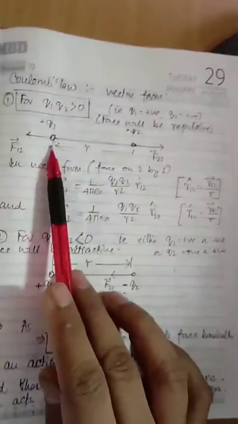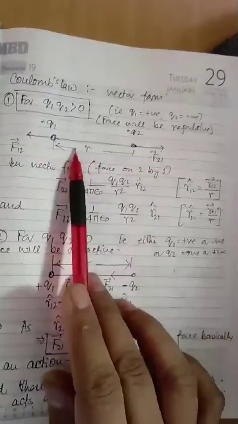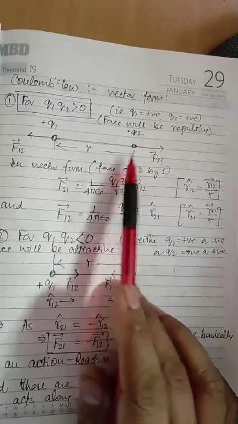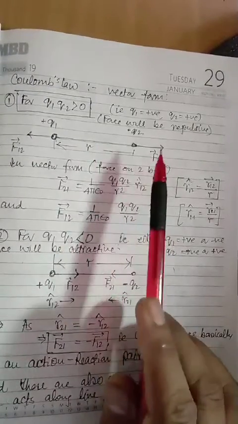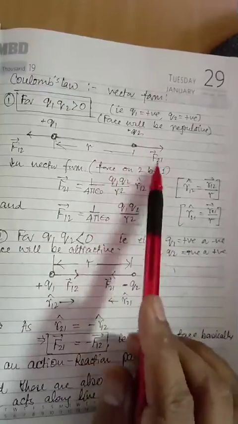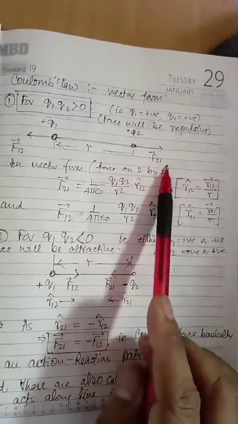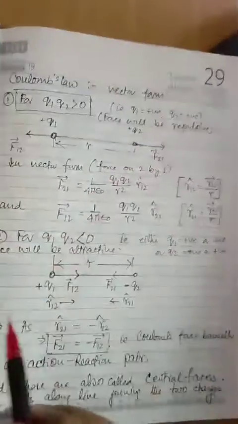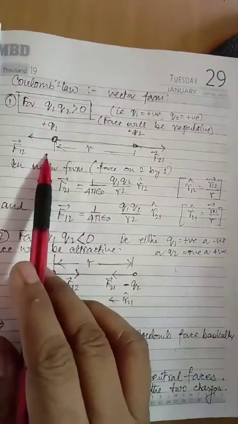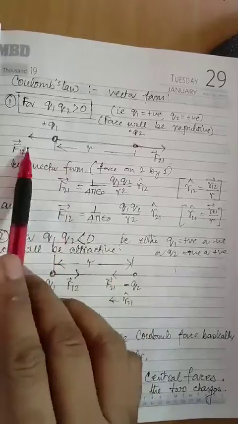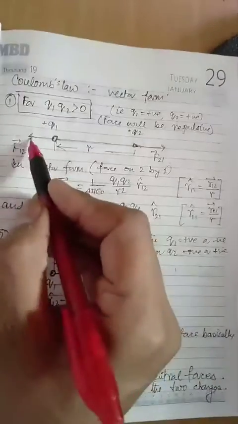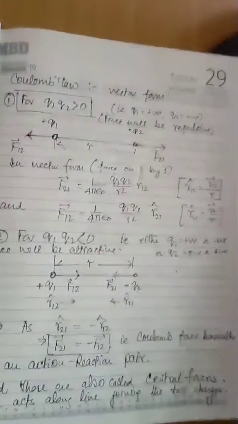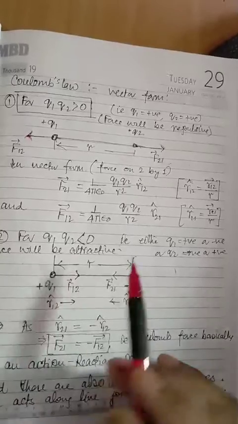So we are taking two point charges Q1 and Q2 separated by a distance r. The force on charge 2 by 1 is F21 and acts in the right direction, and the force on 1 due to 2 is F12, acting in the reverse direction, because these are repulsive forces.